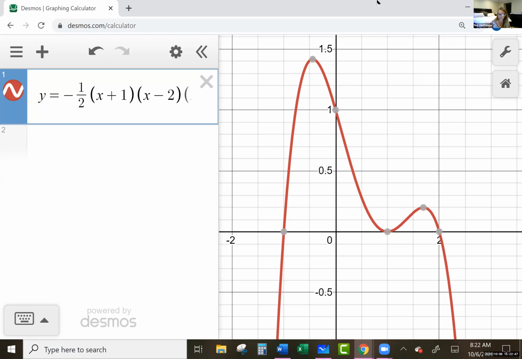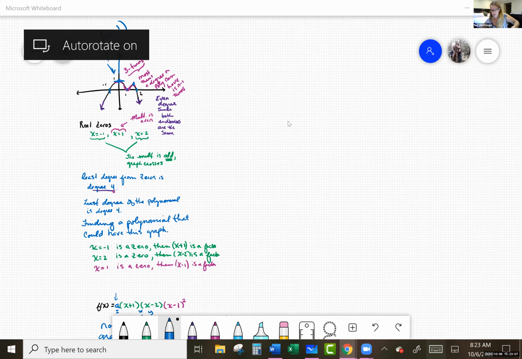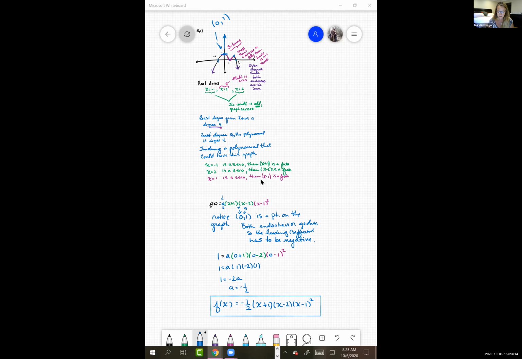So we're going to use this a little bit in 5.2. We've already actually talked about some of 5.2 and the zeros of the polynomial, and whether it is going to cross or touch there depending on the multiplicity.